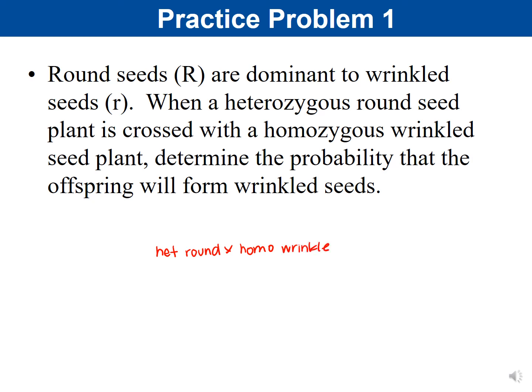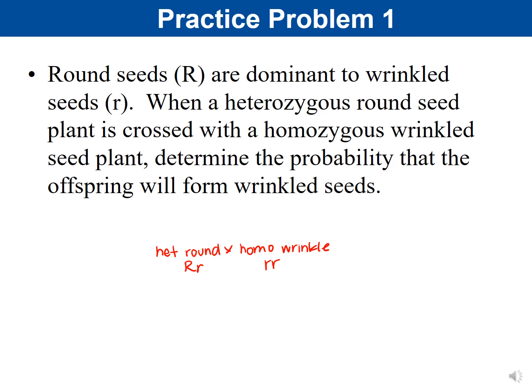All right, so I wrote my phenotypes. Now I need my genotypes. Heterozygous round, big R because round is dominant, little r. That's what makes it heterozygous. Homozygous wrinkled is little r, little r. Did I have to tell you homozygous, or could I have just simply said wrinkled?